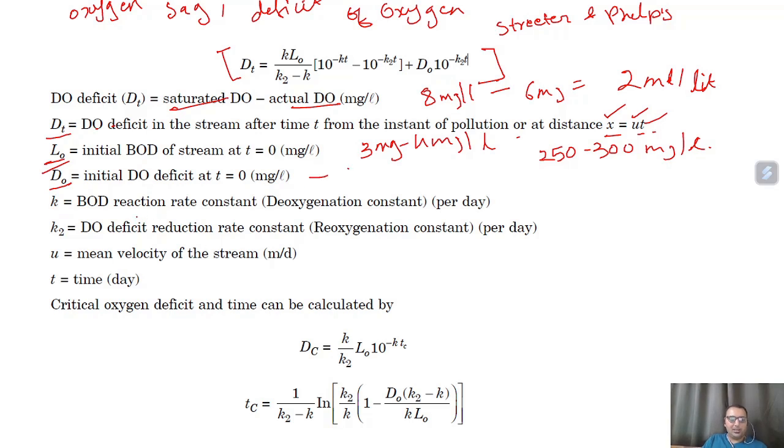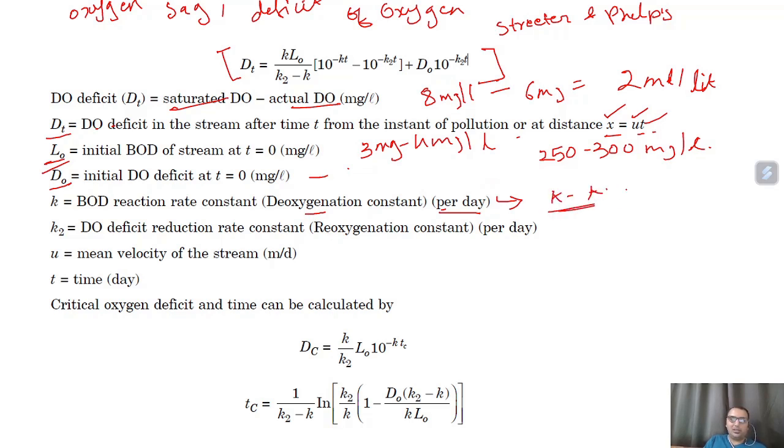Then K1 is the BOD reaction rate constant, which is also called the deoxygenation constant per day. Per day is a unit which comes after solving the rate equation for BOD. So organisms are eating the material, and while they do that, they consume oxygen, and that's why it is called the deoxygenation constant. Now, interesting thing is the deoxygenation constant, this value K also takes care of the temperature.